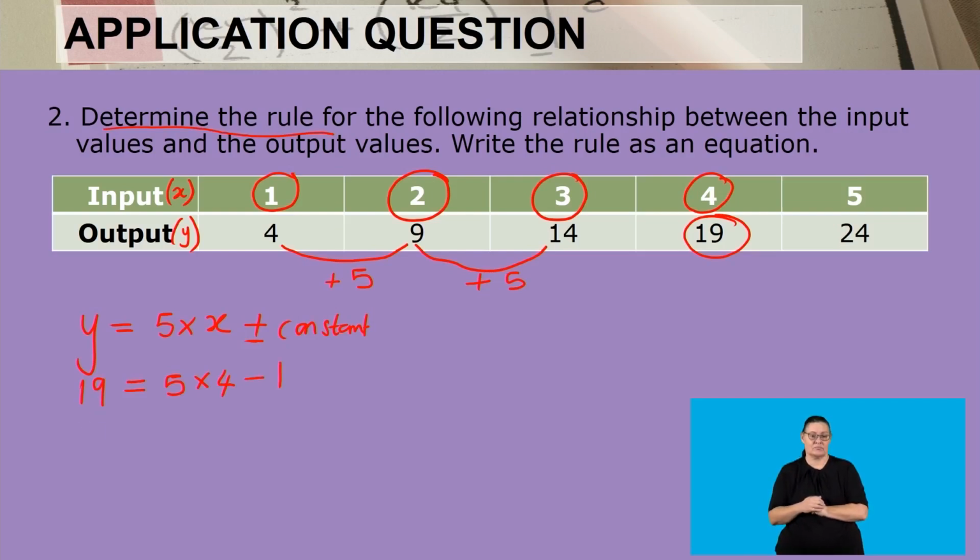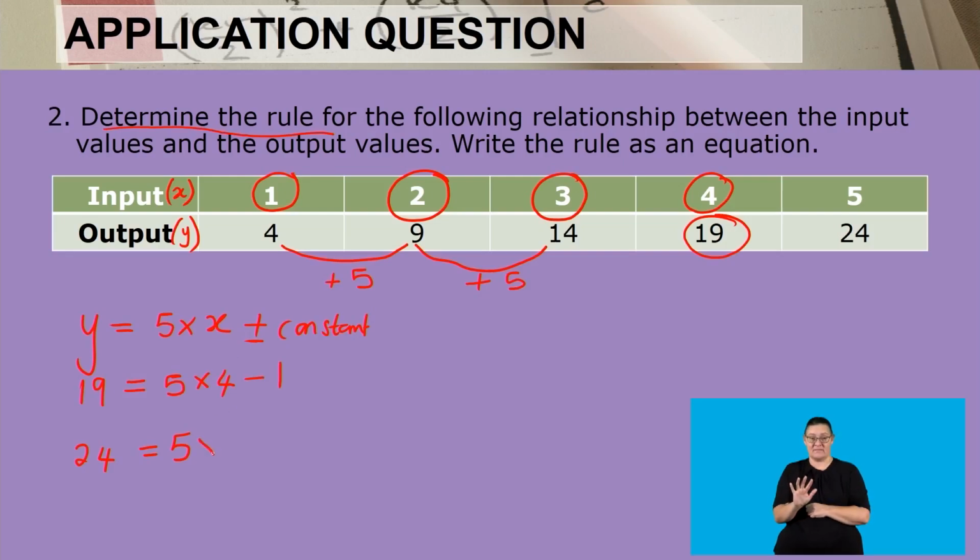Now let's use another term to check if perhaps we are correct with that constant of minus 1. Now let's take the fifth term. So the fifth term, or the output that uses 5 as an input there, that is 24. Now that 24, remember, comes from us using 5 as an input.